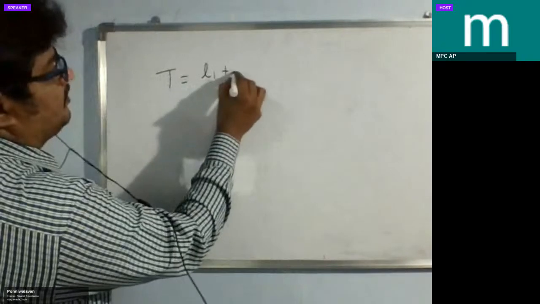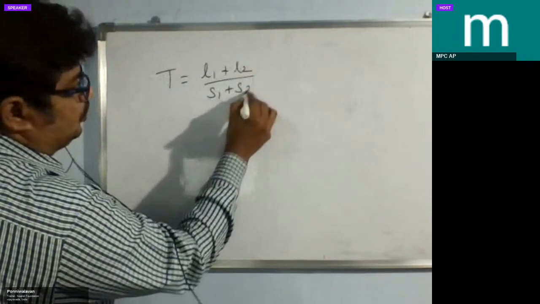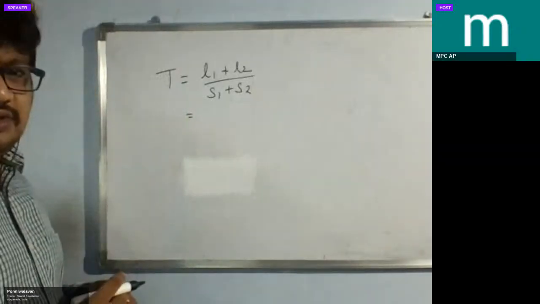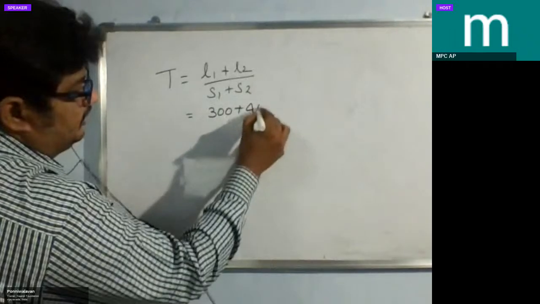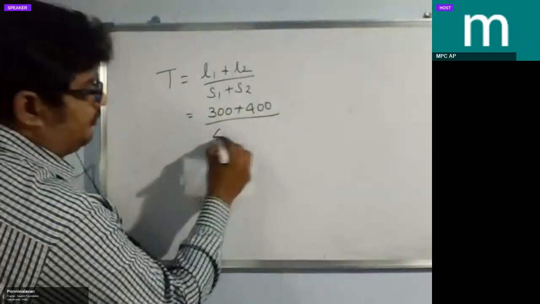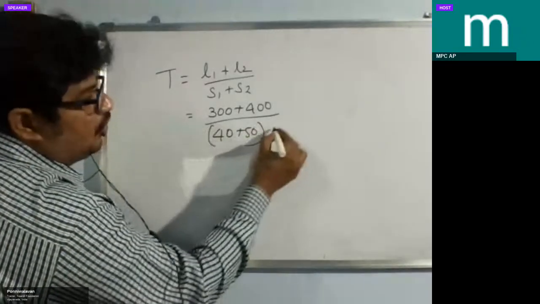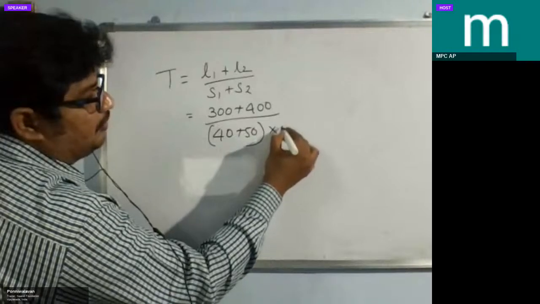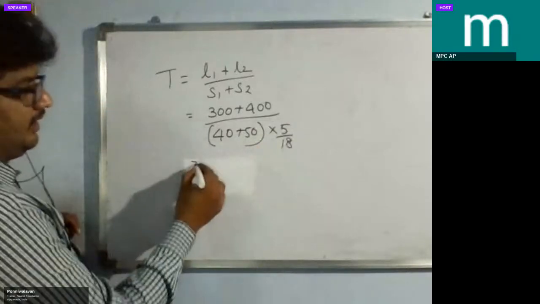So L1 plus L2 divided by S1 plus S2. What are the length? 300 plus 400. What is the speed? 40 plus 50, and these are all in kilometer per hour. So convert into meter per second. So 5 by 18.